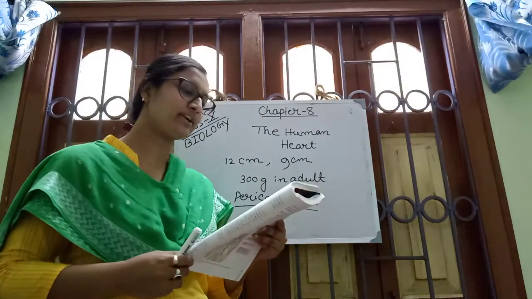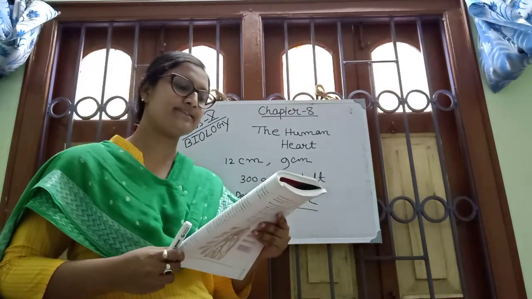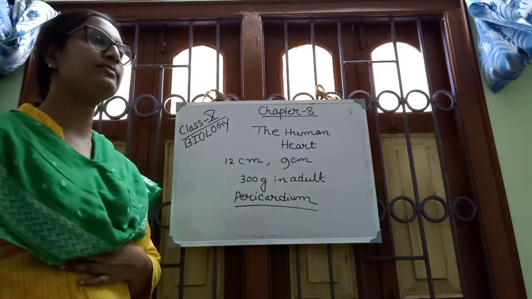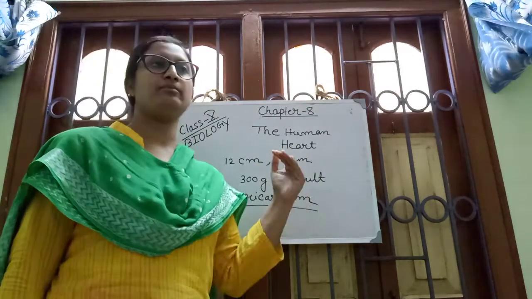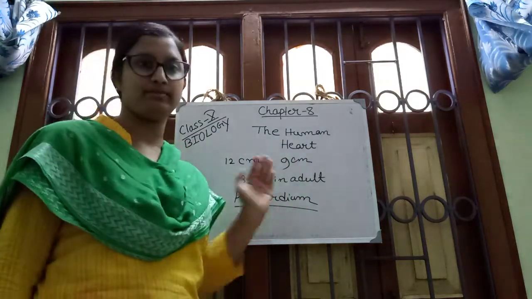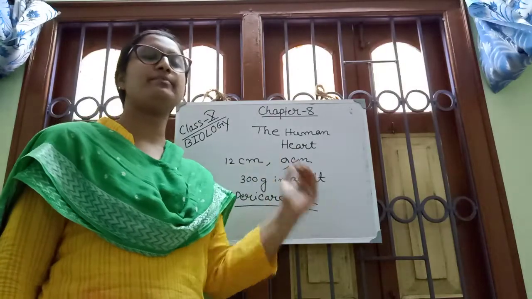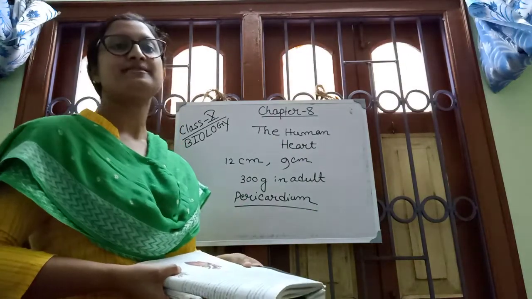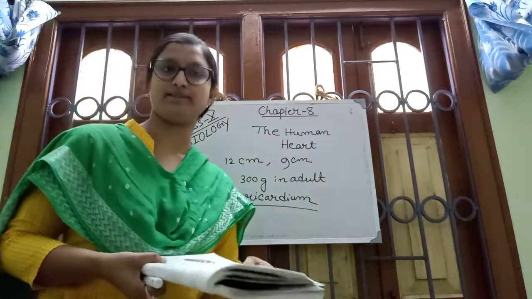The space between the two pericardial membranes is the pericardial space. The pericardium is a double layer membrane, and in the pericardial space the pericardial fluid is present.